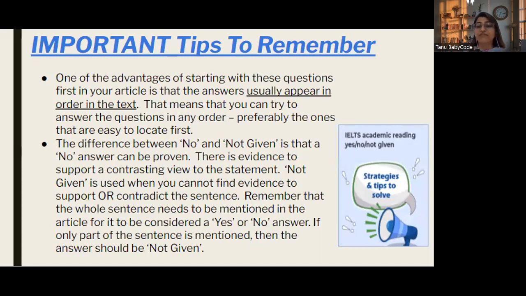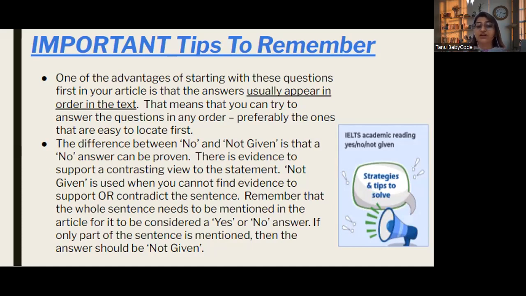That means if you are finding answer number 1, it will always be at first, and then you will get answer number 2, right? Or suppose you found answer number 2 in the third passage, so answer number 1 will always be before that. So make sure you know this strategy, that they usually appear in order in the text.